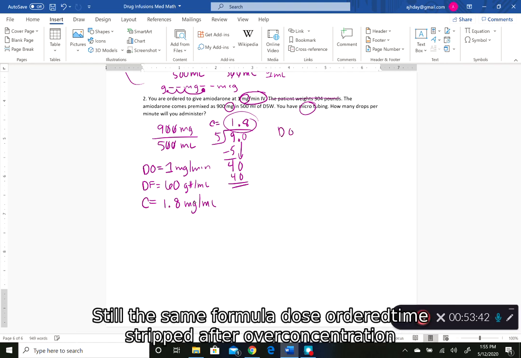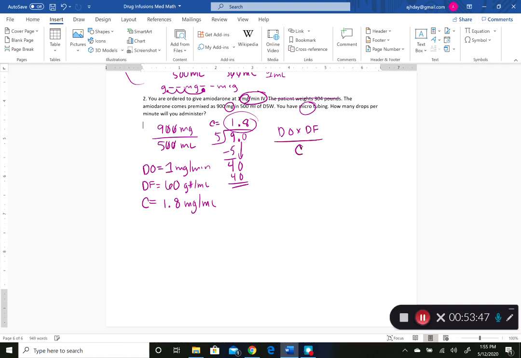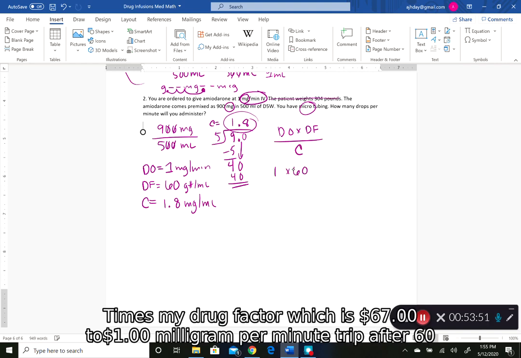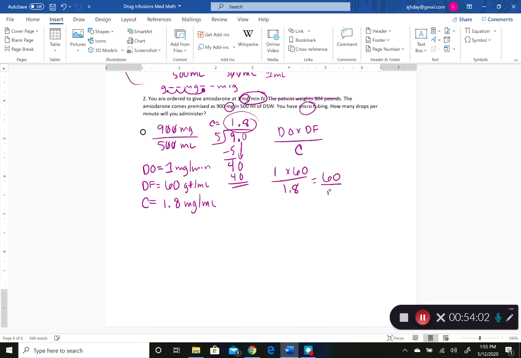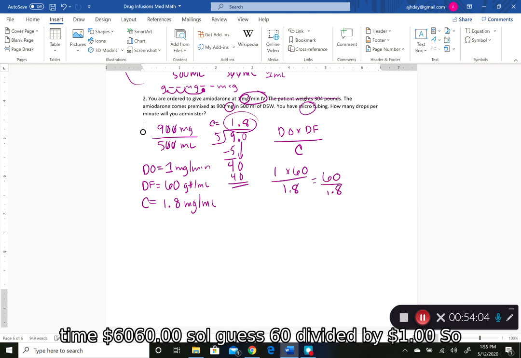Still the same formula, dose ordered times drip factor over concentration. So I have 1 times my drip factor, which is 60, because I want to give 1 milligram per minute. Drip factor is 60 drops per mL, divided by 1.8. 1 times 60 is 60, so I got 60 divided by 1.8.